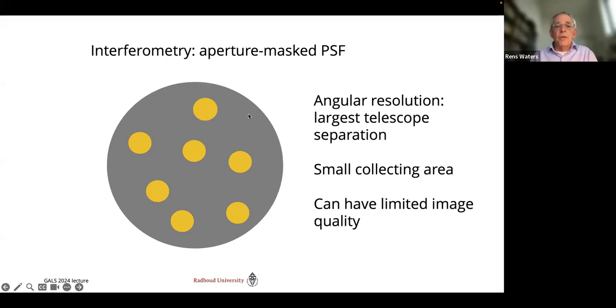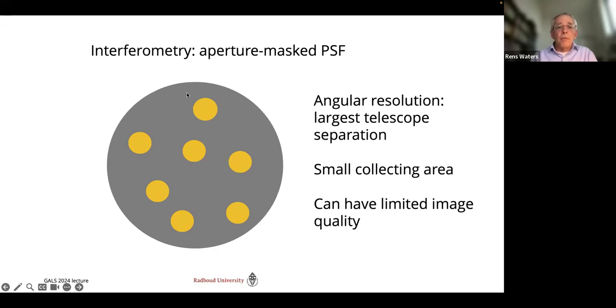But of course, there is a lot less collecting area, and therefore your sensitivity to very faint objects is maybe not as high as if you filled this entire large gray aperture and had the big telescope.